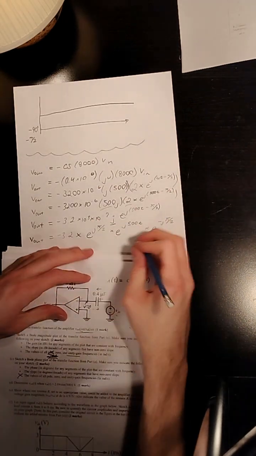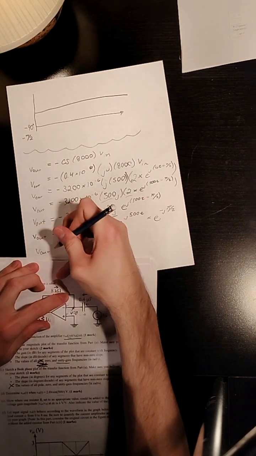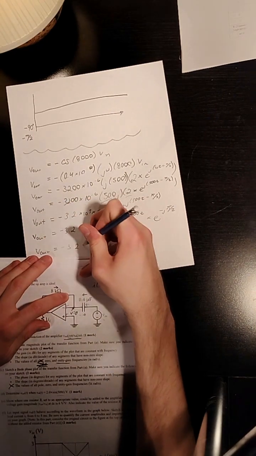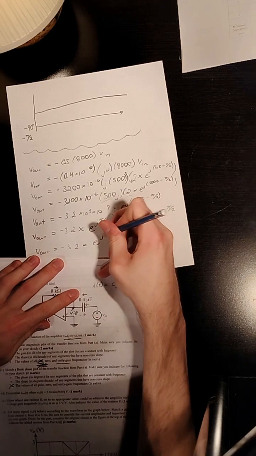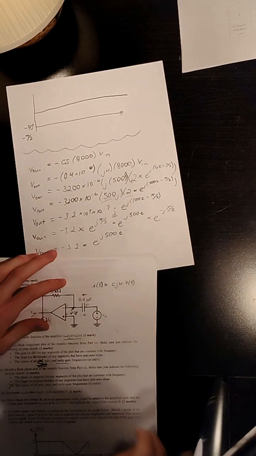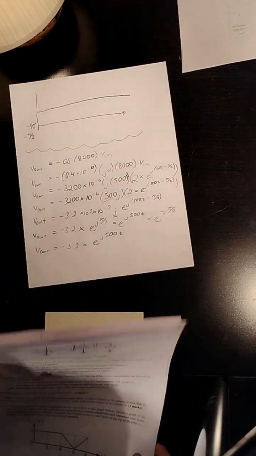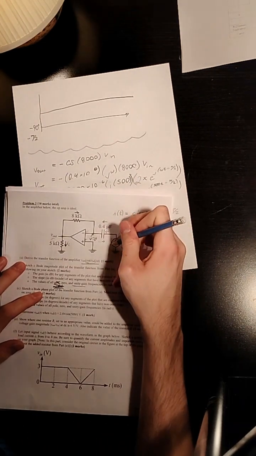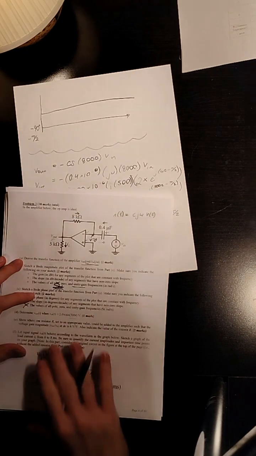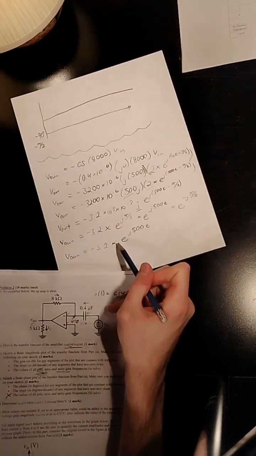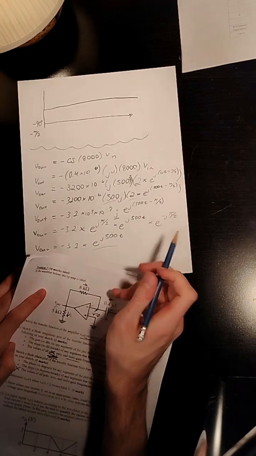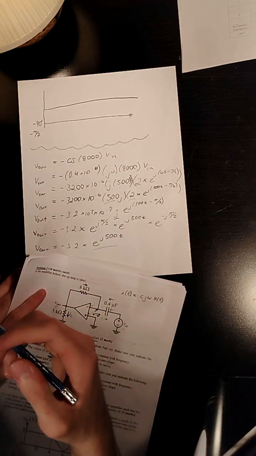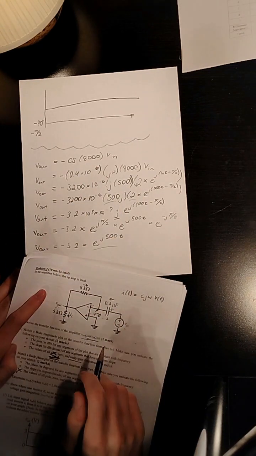And then these cancel. So you get V out is equal to negative 3.2 times e to the power of j 500t. And so what this says is that when you input a sine here, you would end up on this side with a cosine, right? Because when it's in phase, e to the j 500t is the same as cosine of 500t.